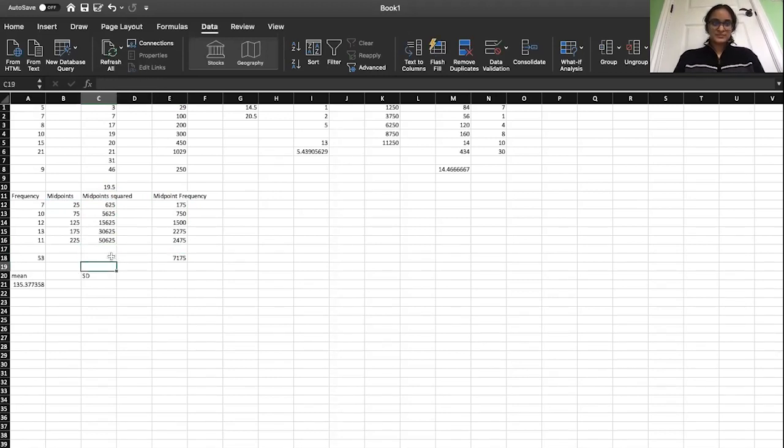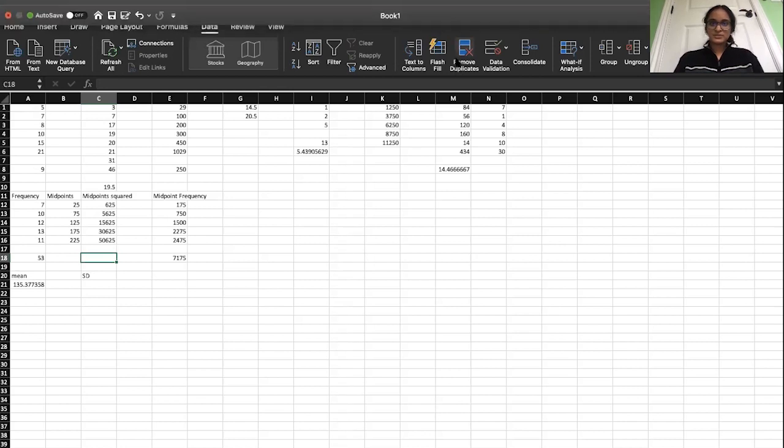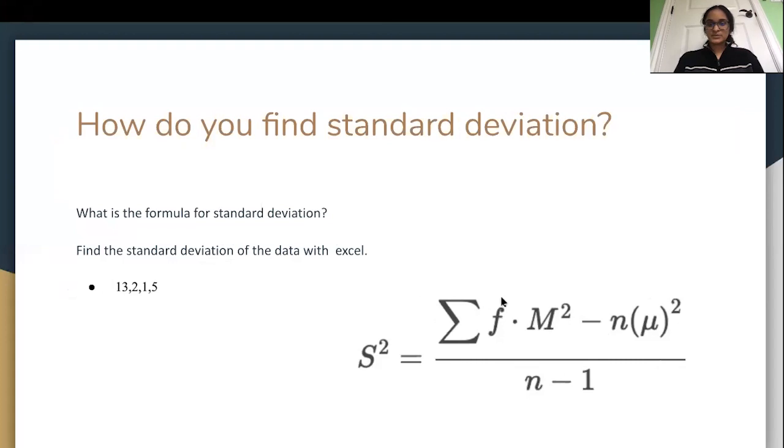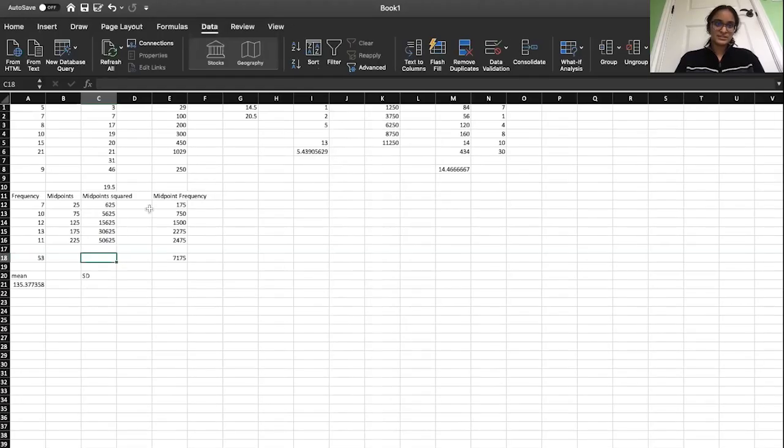And I am going to multiply. If we go back to our PowerPoint, we have to multiply each frequency by its midpoint squared. So I can do that in Excel really easy.